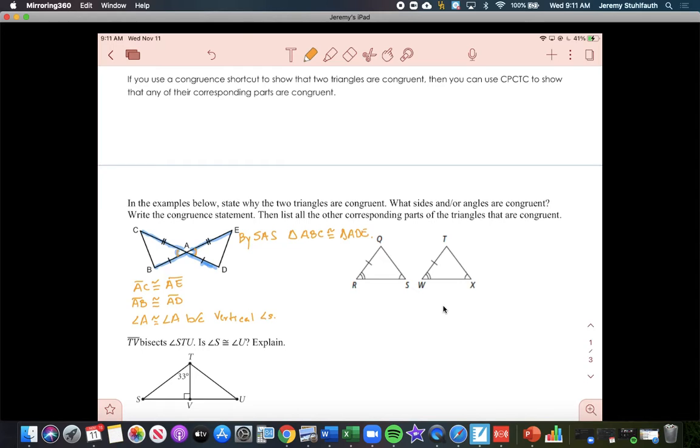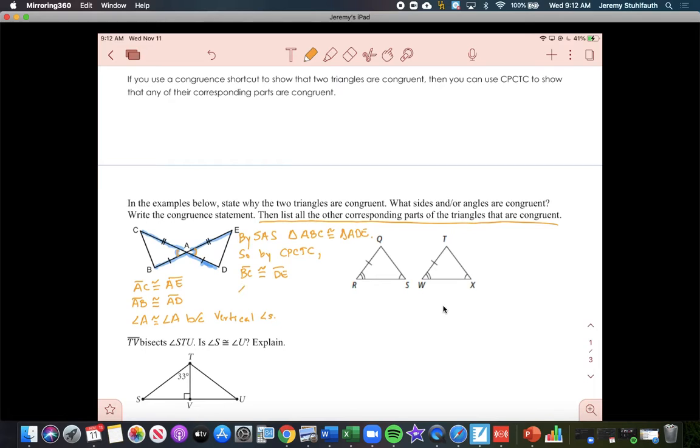So since those two triangles are congruent, we can say that all the corresponding parts of the triangles are also congruent. It wants us to list all the other corresponding parts of the triangles that are congruent. So by CPCTC, we now know that BC is congruent to DE.